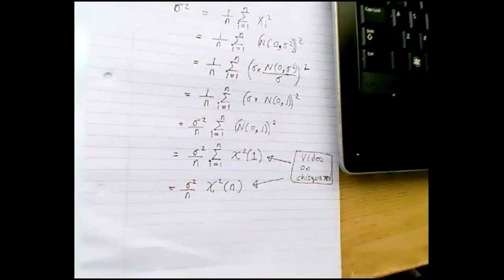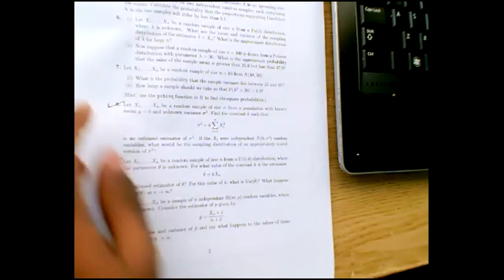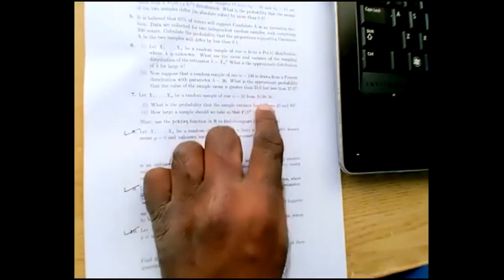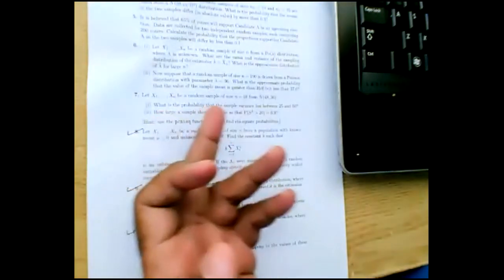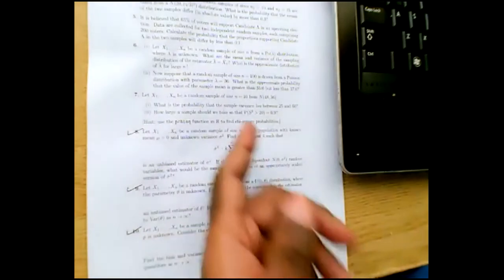Okay, so question 7 is this one. You have a random sample of size 10 from a normal with these parameters. The first part is to find the probability that the sample variance is between 25 and 60.